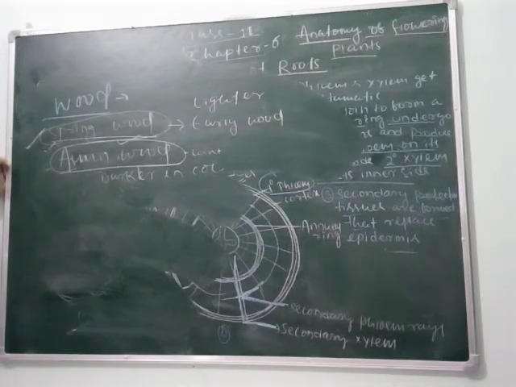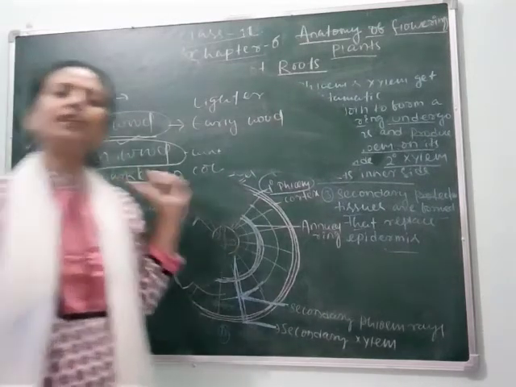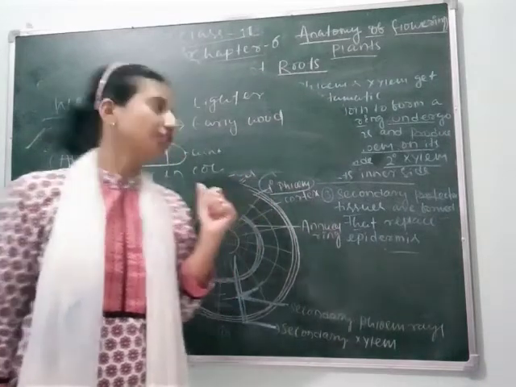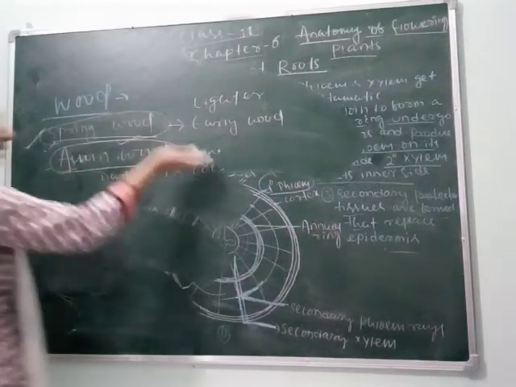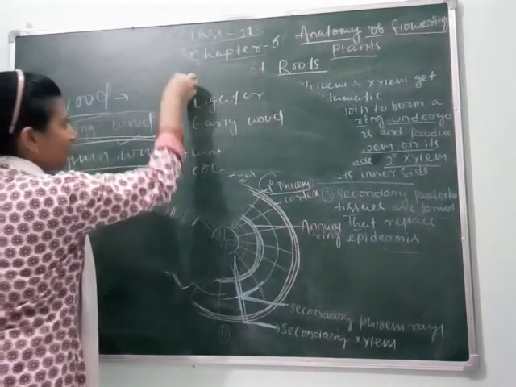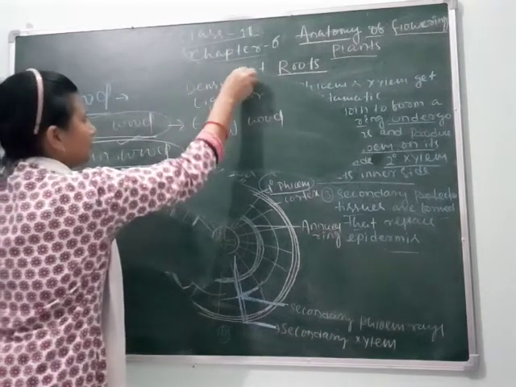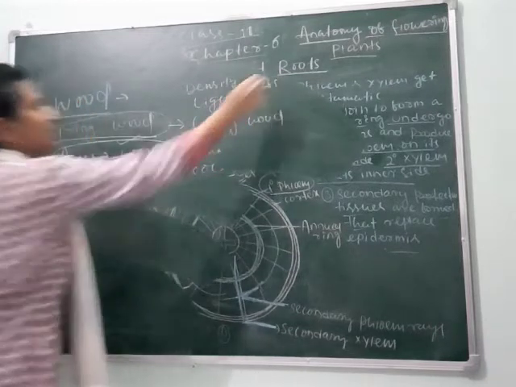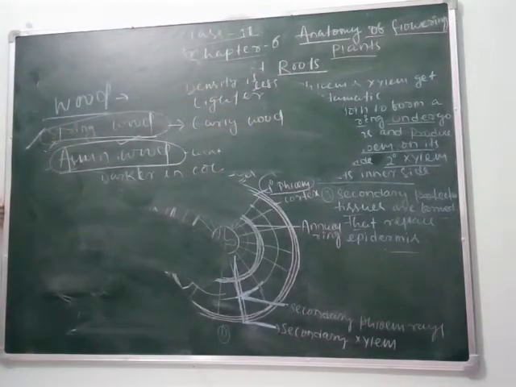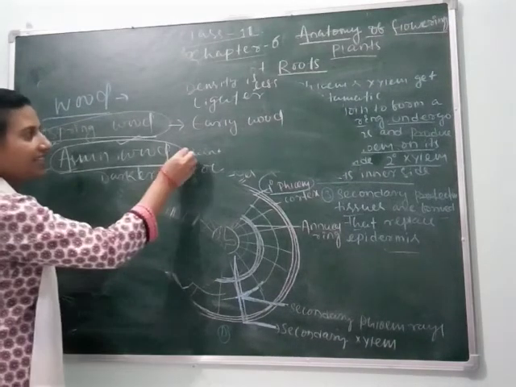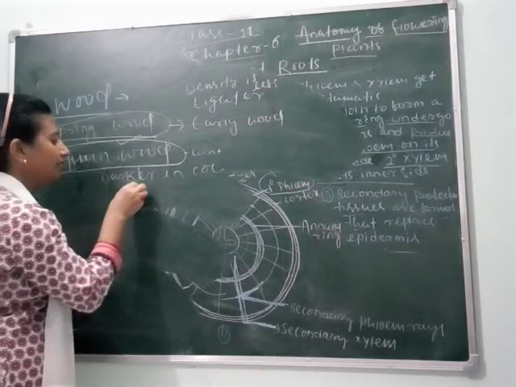And spring wood has lower density when compared to autumn wood. Spring wood has less density, but in case of autumn wood the density is high.